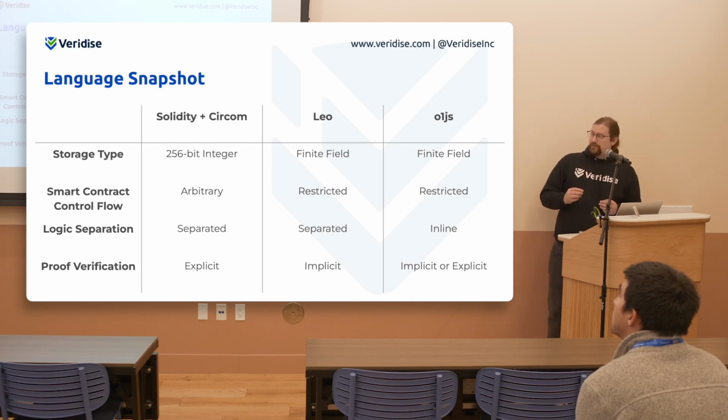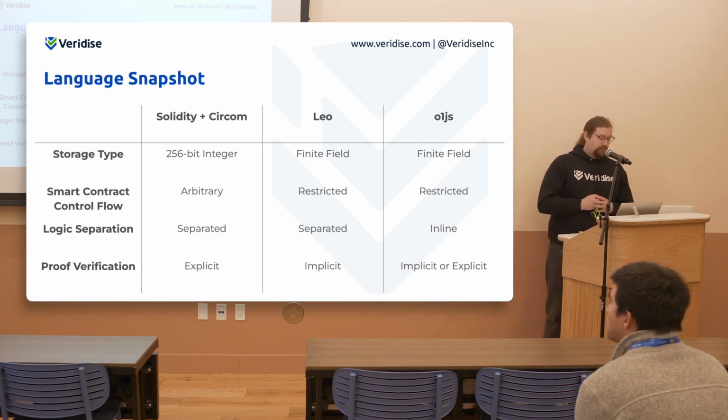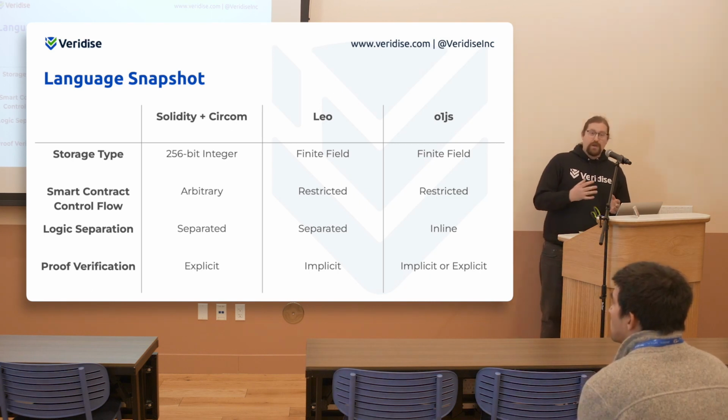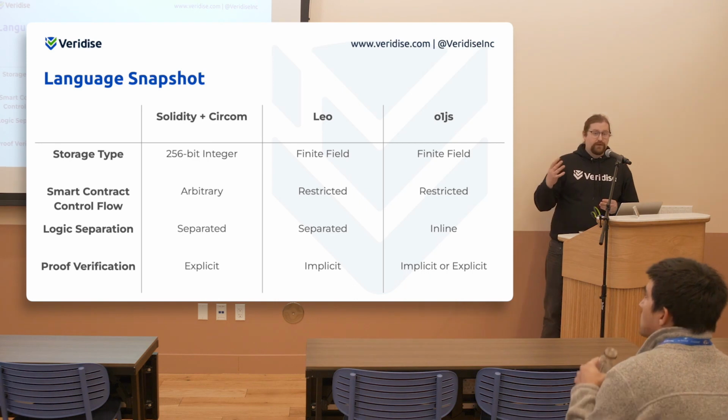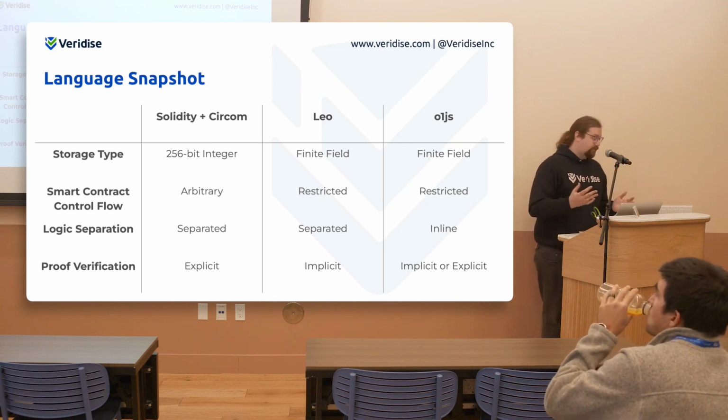So the 3 languages that I have here are Leo, O1JS, and then essentially making your own private integration by using a combination of Solidity and zkCom. And so the important thing here is we can see some of the design decisions that have been made by individual teams, and we're going to see how this affects, in this case, the Aleo system.